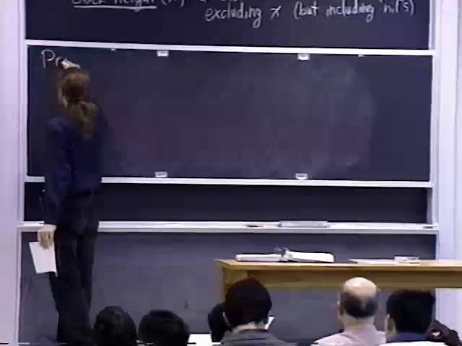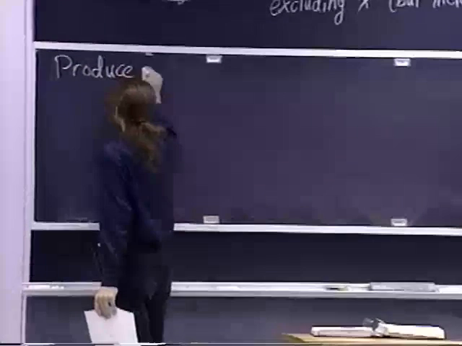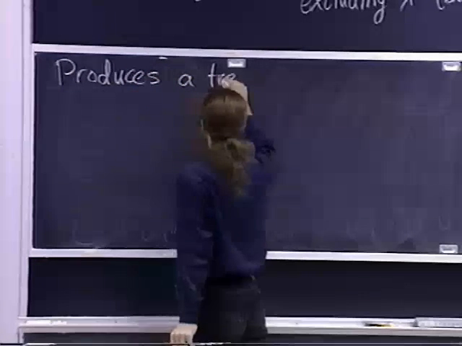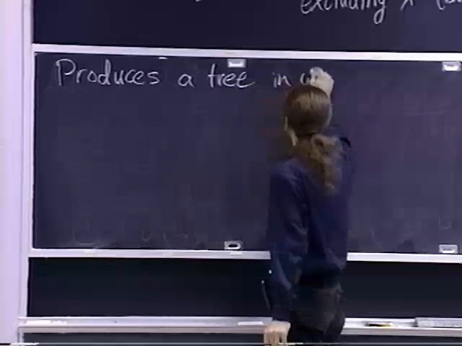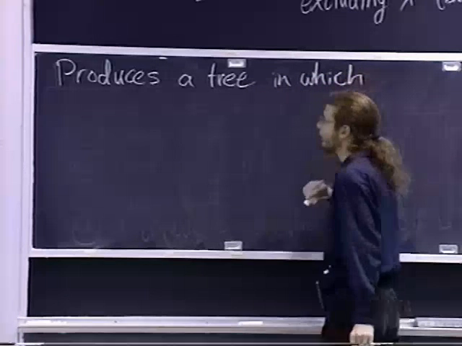So if we do this merge, we get another tree. And the tree has two important properties, and I would like you to tell me what they are.